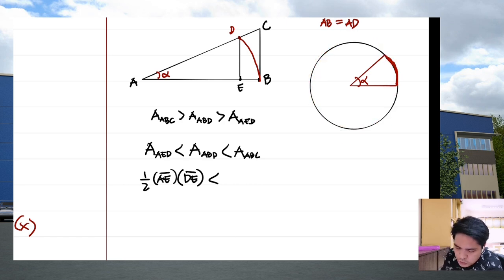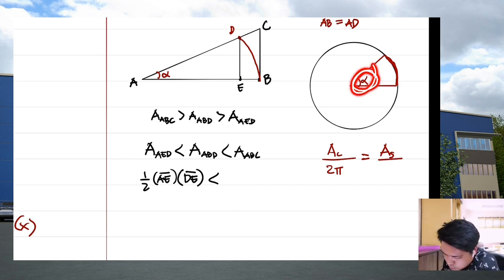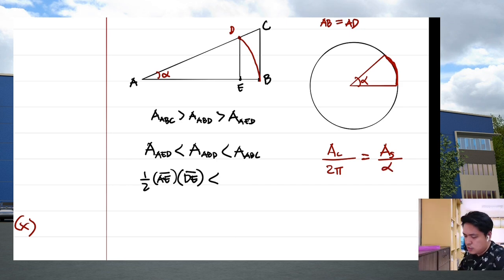Okay, so if we are computing the area of the circle, ang whole, the central angle here is 360 or 2 pi, diba? So that would be area of the circle is to 2 pi, that is proportional to the area of the sector over this angle, the central angle, which is just alpha.